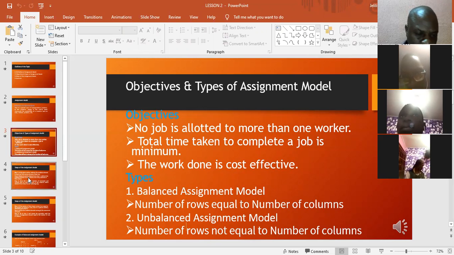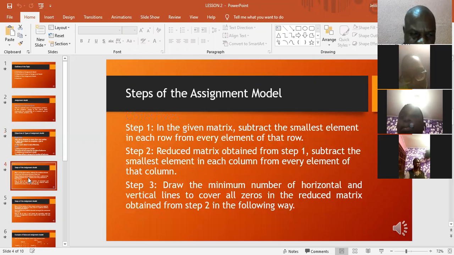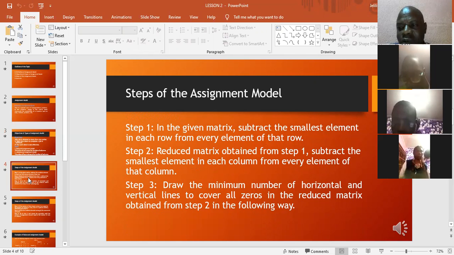So let's look at the solution. When we are talking of assignment problem, we have steps that we need to follow in assignment model. Step 1 says, in the given matrix, subtract the smallest element in each row from every element of that row.